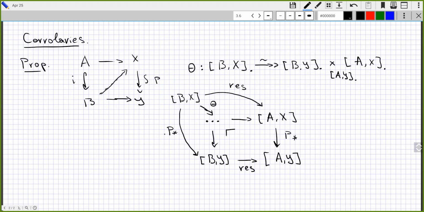Well, so I think there's quite nothing to prove. You got to unwind this definition in terms of lifting properties, and you just see that it is true.